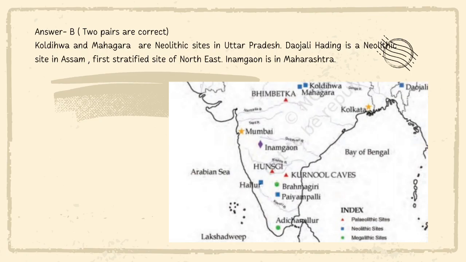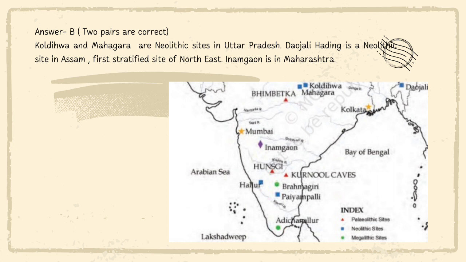So Koldihwa and Mahagara are Neolithic sites in Uttar Pradesh. Daojali Hading is a Neolithic site in Assam. This was also the first stratified site of Northeast. And Inamgaon is in Maharashtra region. So if you see the names like Koldihwa and Mahagara, though they may not sound so much to certain names which you can attribute to the region of Uttar Pradesh, but here is the trick.